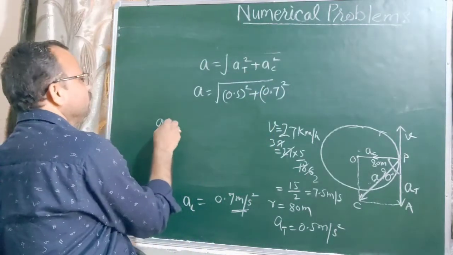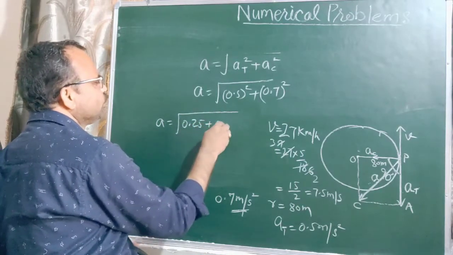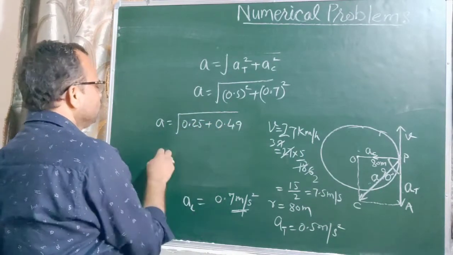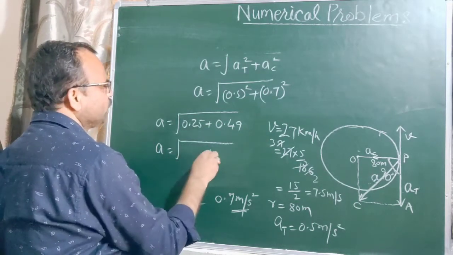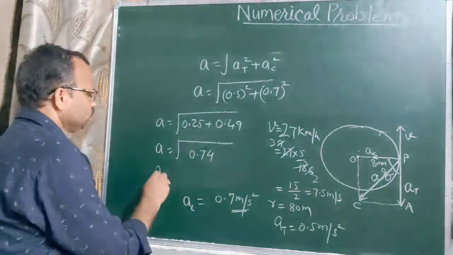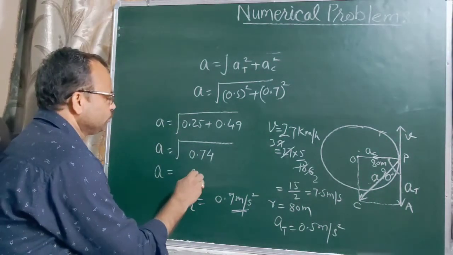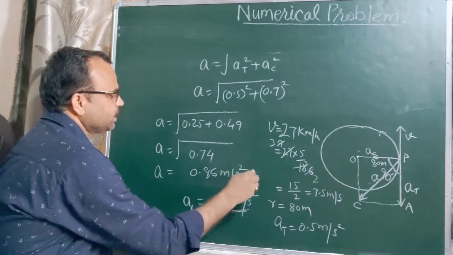So A equals under root 0.25 plus 0.49. A equals under root 0.74. Now take the root and we find the value 0.86 meter per second square.